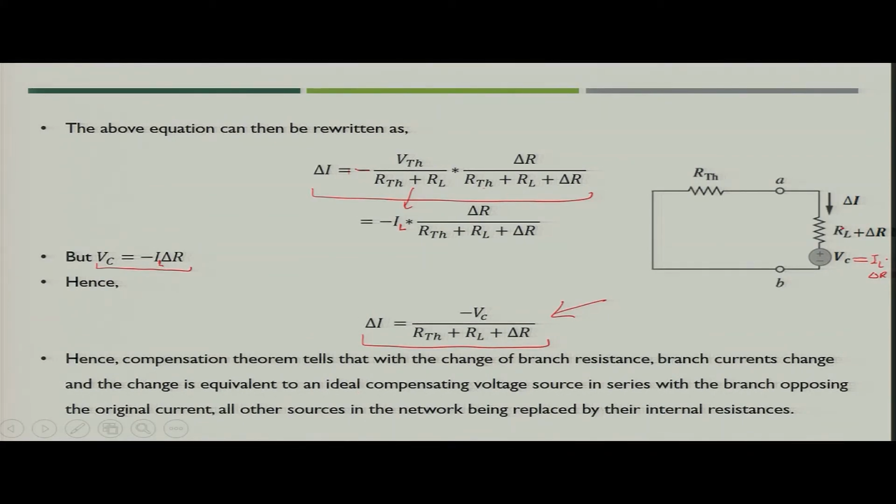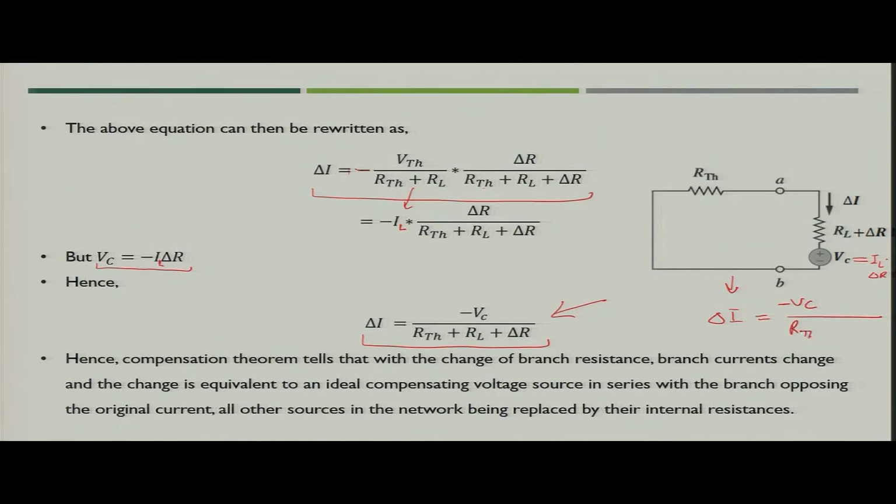Now, if you simply see this particular circuit and you try to analyze what would be the value of delta IL without having any previous information in hand, what you can write simply for this circuit is that the value of delta I is nothing but the voltage Vc with negative sign, because it is opposite to the direction of current delta I, divided by the total value of resistance of the network.